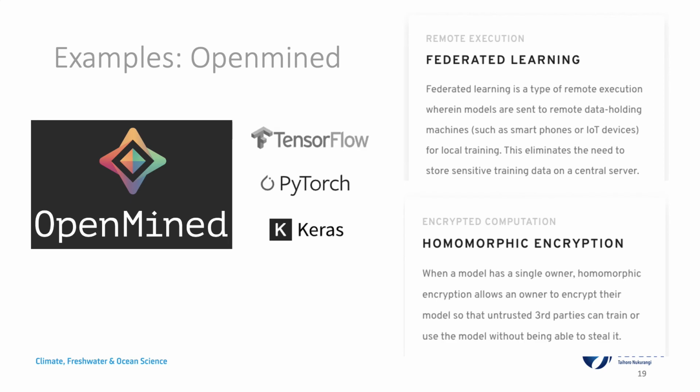People get upset when you say that. So one thing that is being used is OpenMined, which is just an extension on top of popular deep learning frameworks, and that one allows you to do two things. The first one is, instead of bringing the data to you, you send the model to train on somebody else's machine, which is the machine that has the data per se, which is really good.